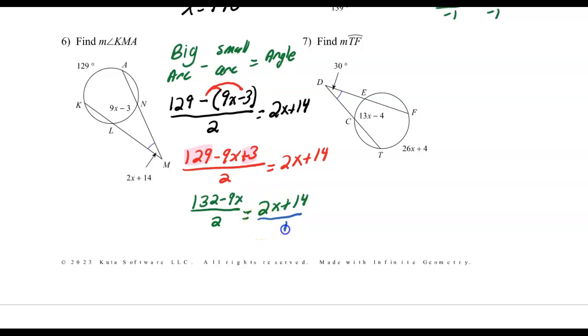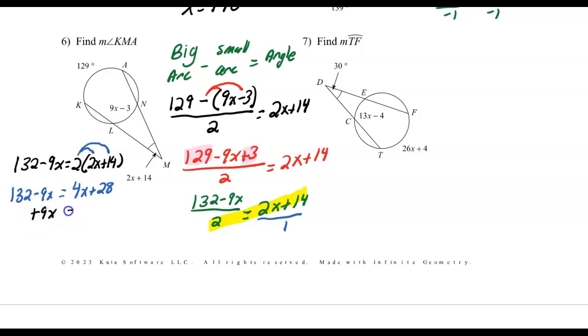I'll put this over 1 and cross multiply. So I'm running out of room, so I'm going to do this over here on the left. So 132 minus 9x is equal to 2 times 2x plus 14. Again, we need to distribute. So 4x plus 28 is 132 minus 9x.